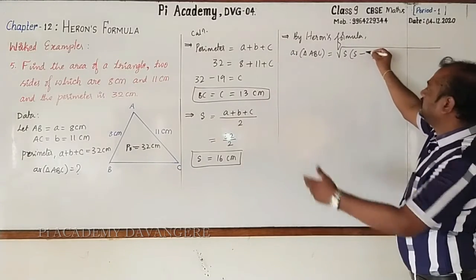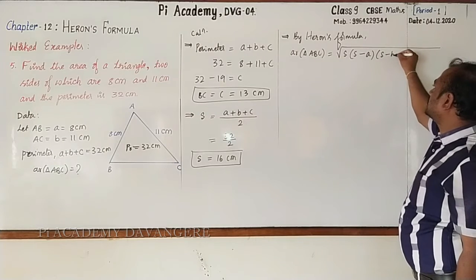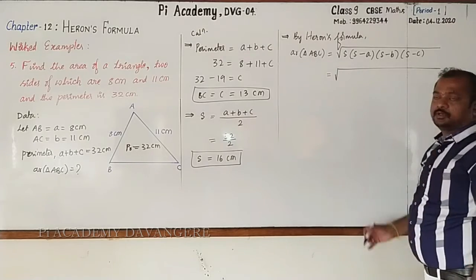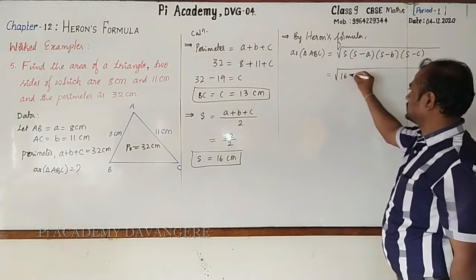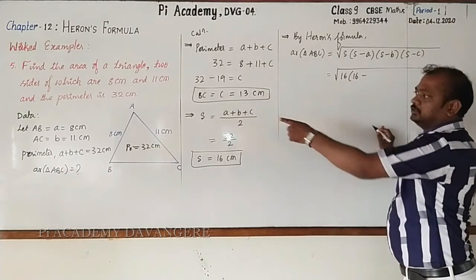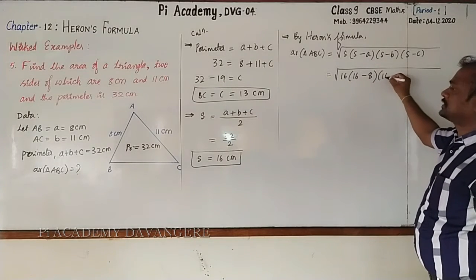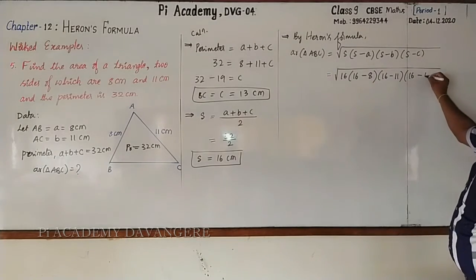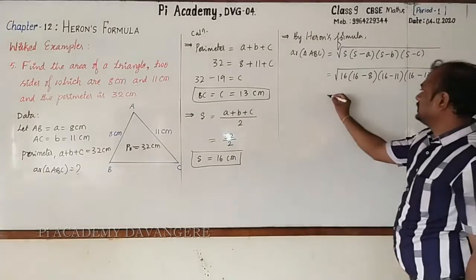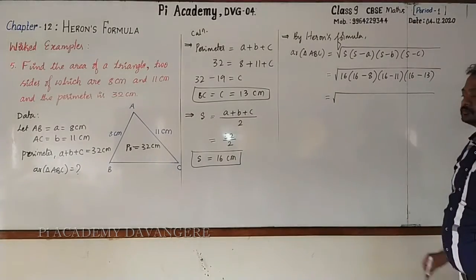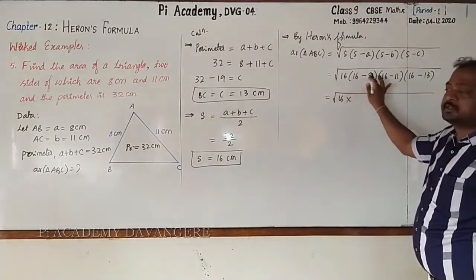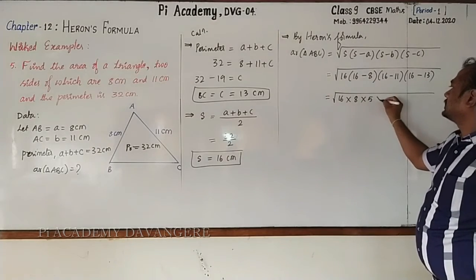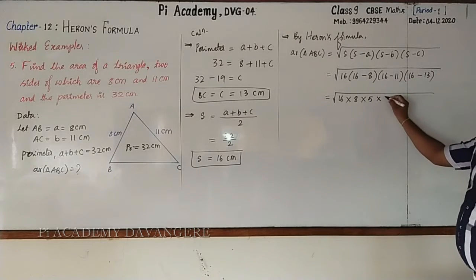AB is A. You can write S minus A into S minus B into S minus C. Go for taking substitution with S as 16. 16 minus A is 8. 16 minus B is 11. 16 minus C, just we have found out, it is 13 centimeter. Is equal to square root of 16 into 16 minus 8 is 8 only. 16 minus 11 is 5. 16 minus 13, this is 3.